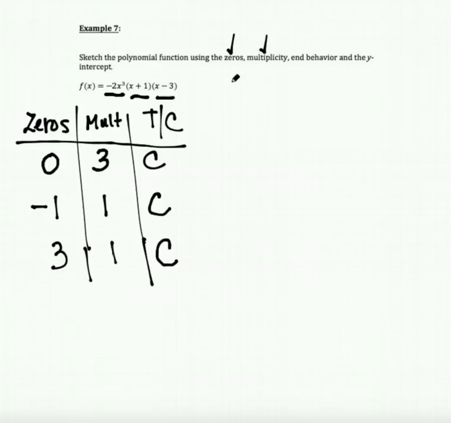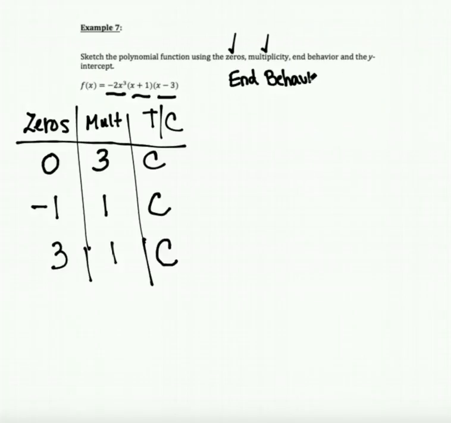For end behavior, we have to look at, get my pen to work. In order to figure out what's going on with the end behavior, we need to think about what the leading term would be. Okay, so I know that I add up my multiplicities and I will get to the degree.